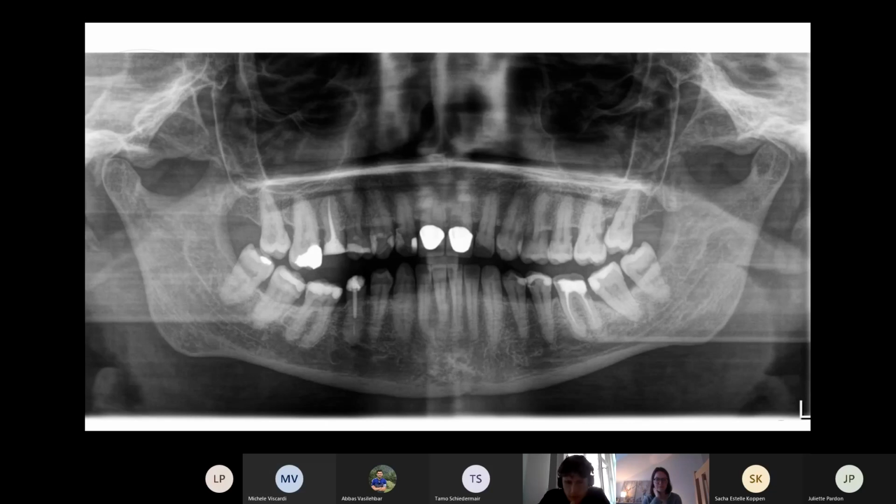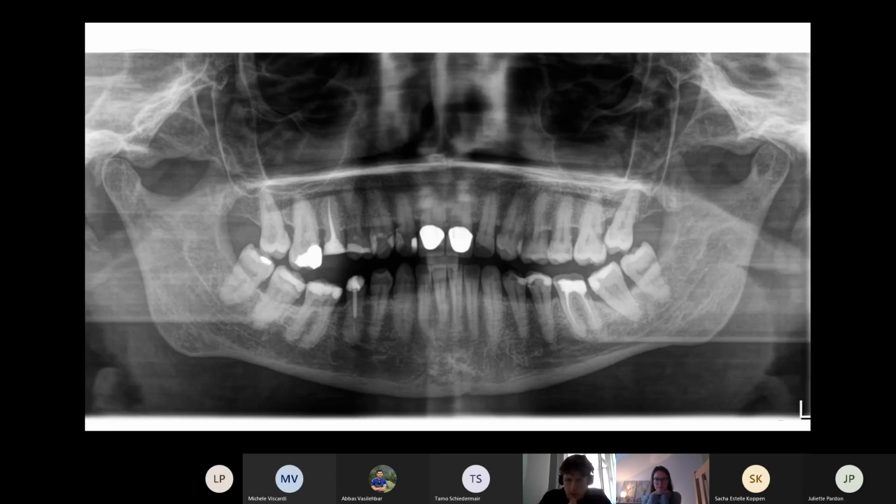Then in the second quadrant, the next thing I see is on number 5, distally, you have some caries. It's quite clearly visible. You have the little bit conical radiolucency in the enamel, and then the radiolucency underneath in the dentine.